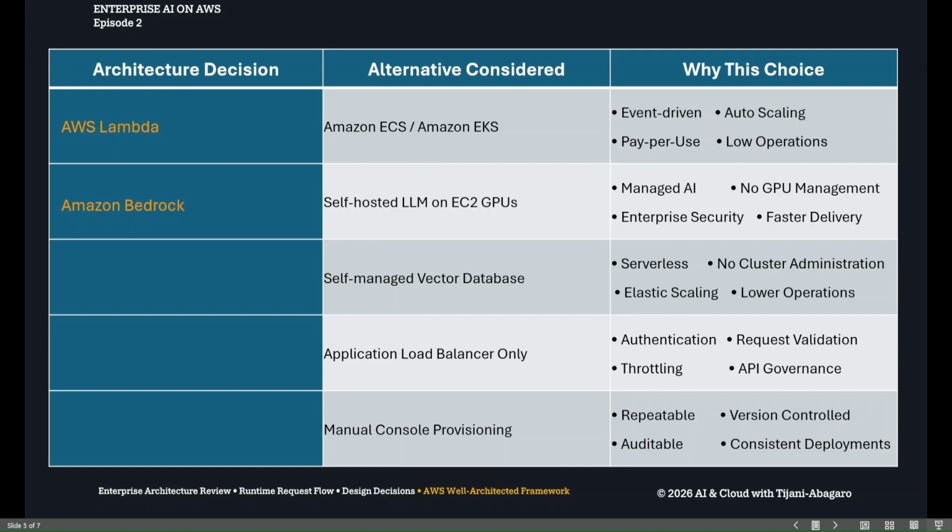For the knowledge layer, I chose OpenSearch Serverless instead of a self-managed vector database. This eliminated cluster administration and capacity planning while providing scalable semantic retrieval for retrieval augmented generation.